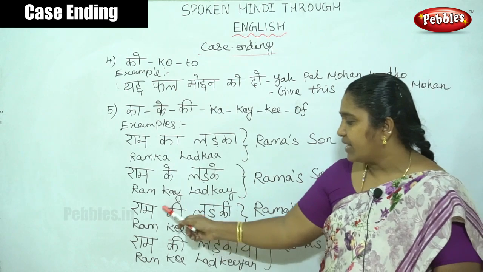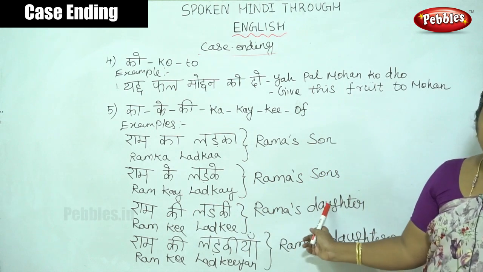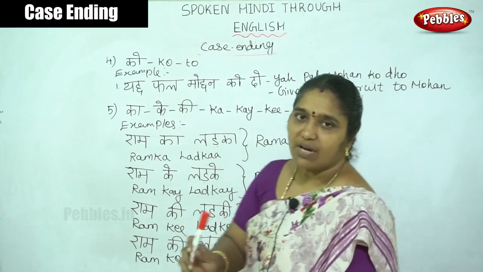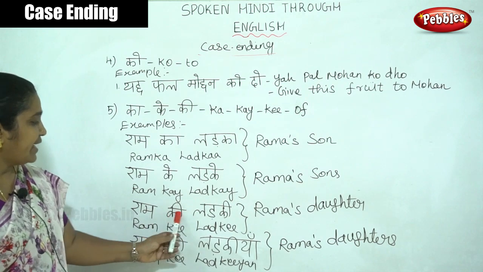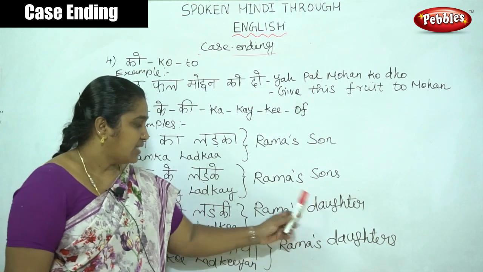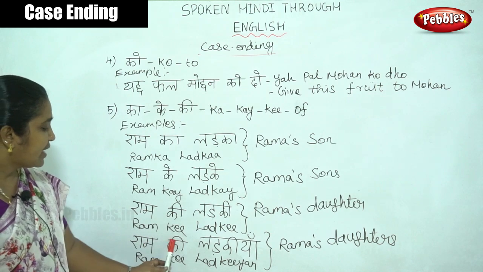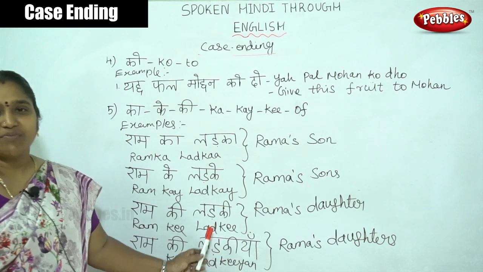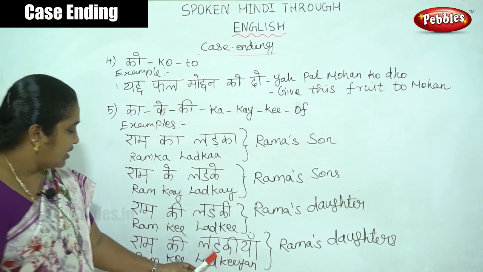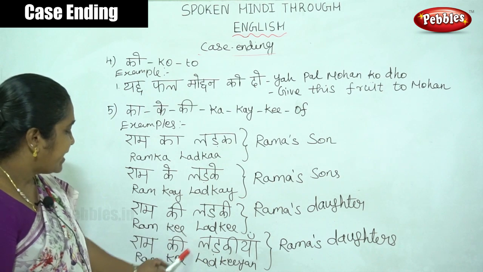Here I am using the case ending ki for one singular person. For the plural, Ram ki ladkiyan. Ladkiyan means many, the plural form, and we also use ki.